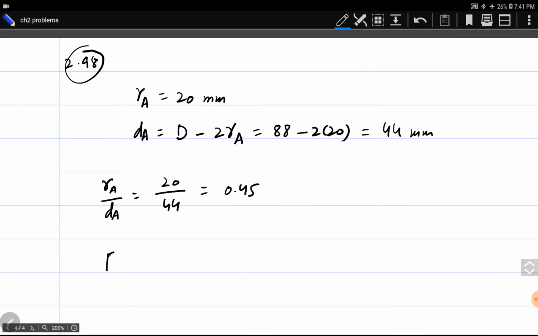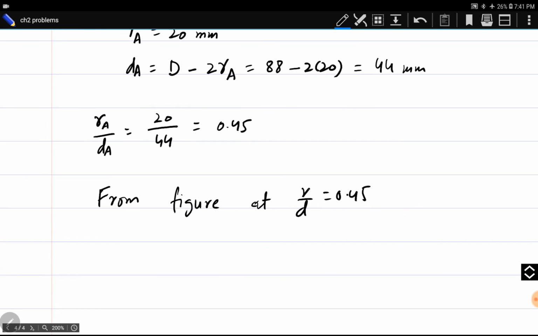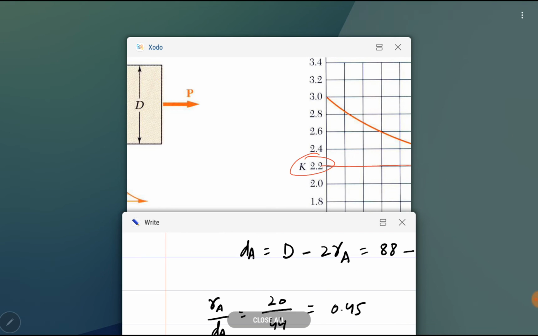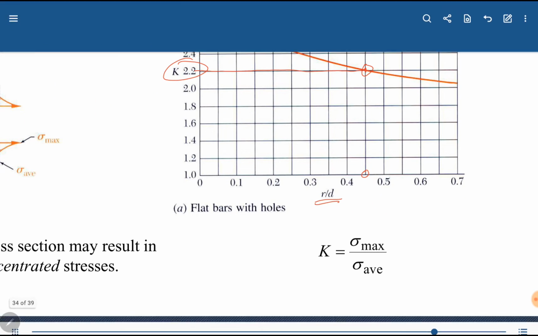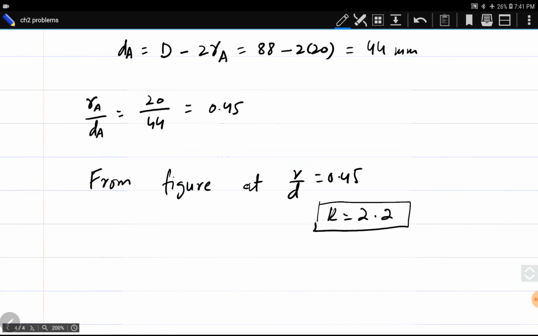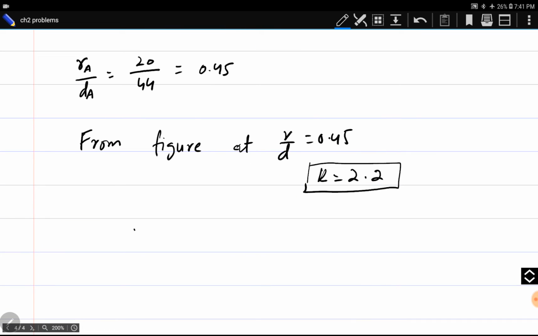So from the figure, at r by d equal to 0.45, K is equal to 2.2. And K is actually the ratio of sigma maximum divided by sigma average.